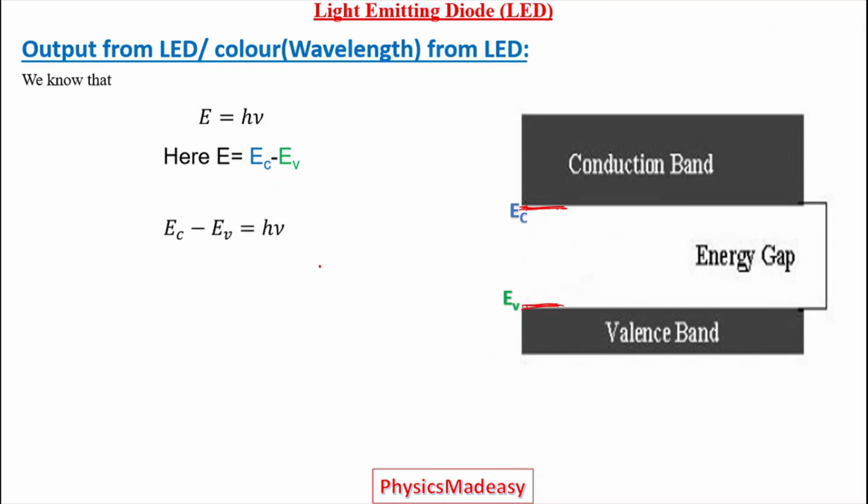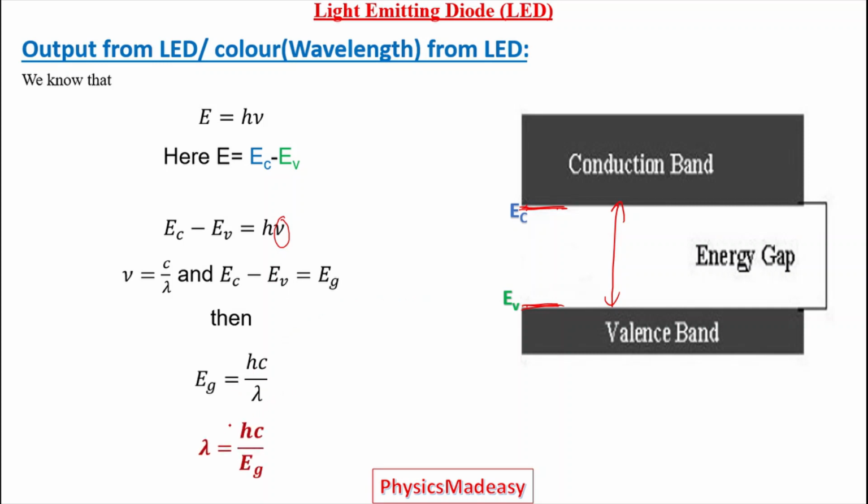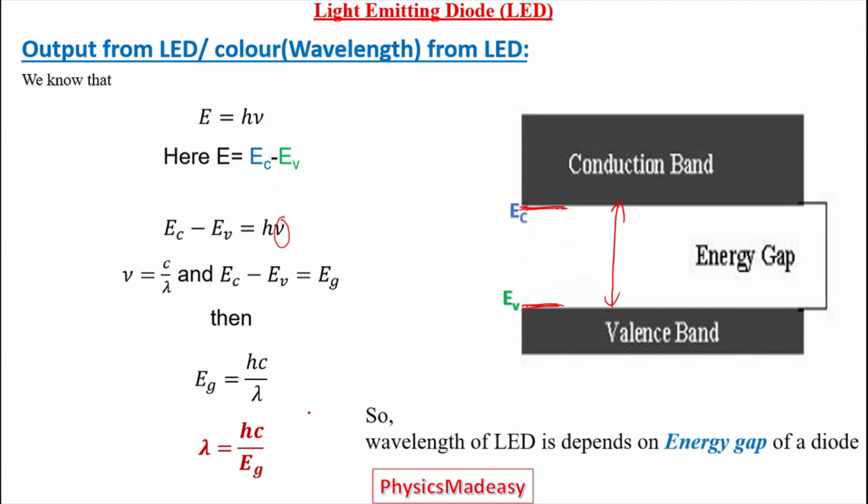So Ec minus Ev can be written as h nu, and we know nu can be written as c by lambda, and this refers to the energy gap. Now by replacing those terms, we can write Eg is equal to hc by lambda, or I can rewrite it as lambda is equal to hc by Eg. So lambda purely depends on the energy gap of a semiconductor.